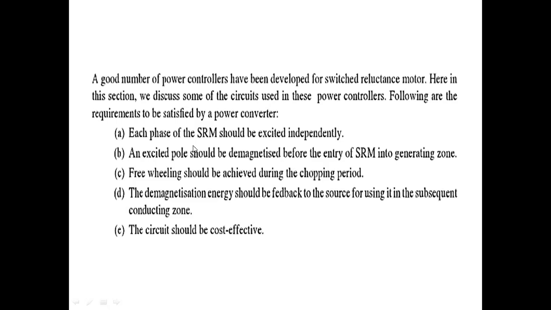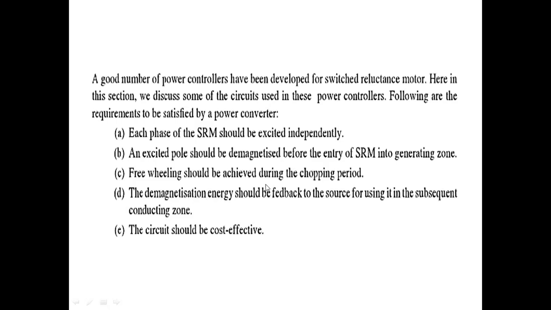Even if phase B is excited by demagnetizing phase A, some amount of energy is still there within the stator pole of phase A, even when demagnetized. So that's why freewheeling is a must and required.